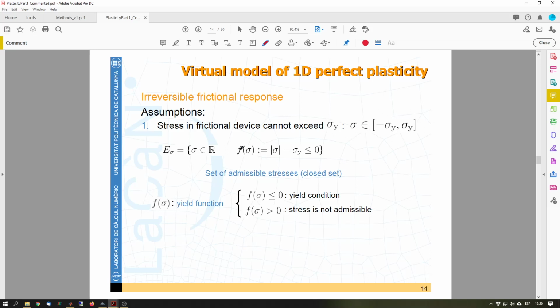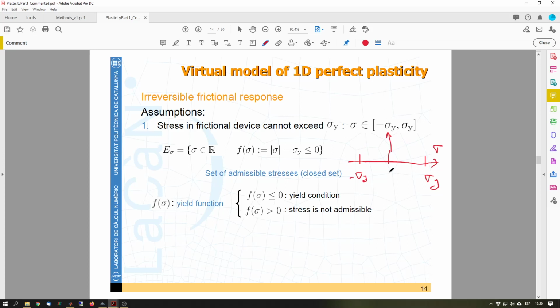So we define that interval as any value such that we describe through a function that is negative on that interval. This is my stress, this is minus sigma y, this is sigma y, and this is the interval where my function is smaller or equal to 0. Let's write it properly.